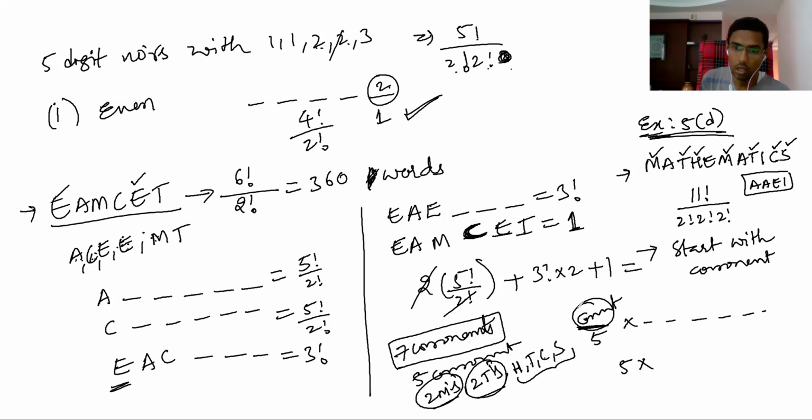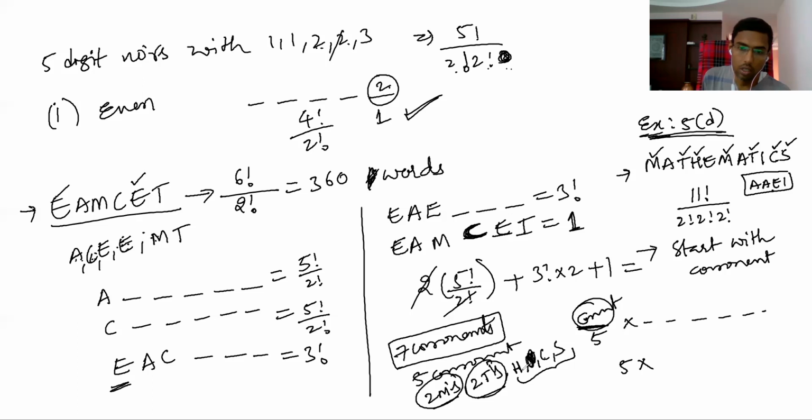This is 8. Yeah, correct. So this is 4 and plus this is 4, 8, plus this is 11. Yeah, that's correct. 2 A's, yeah, 2 A's are there. That's true.